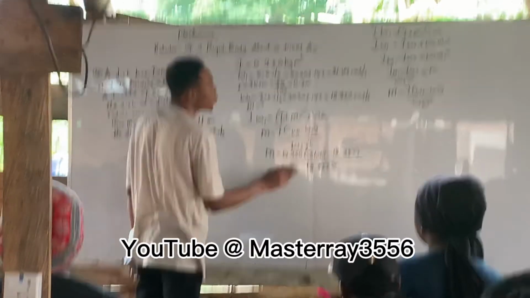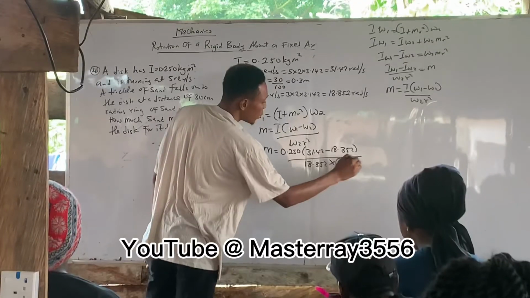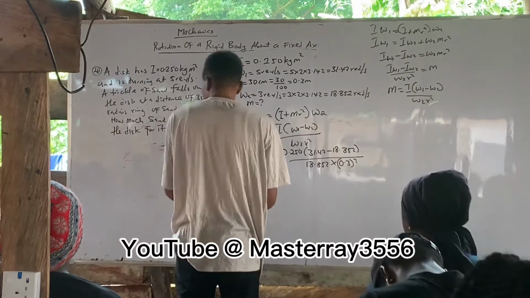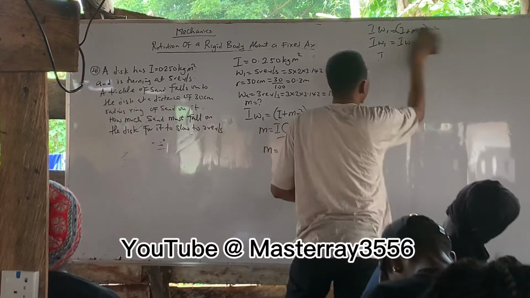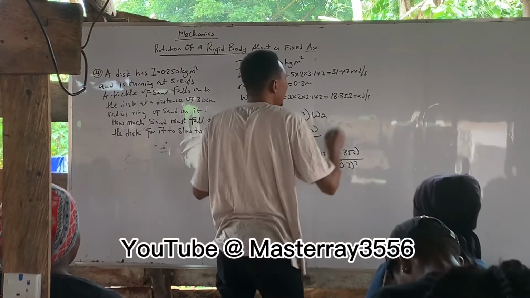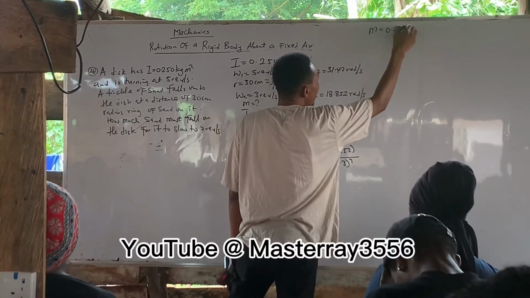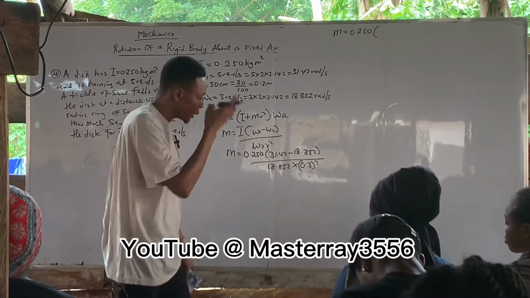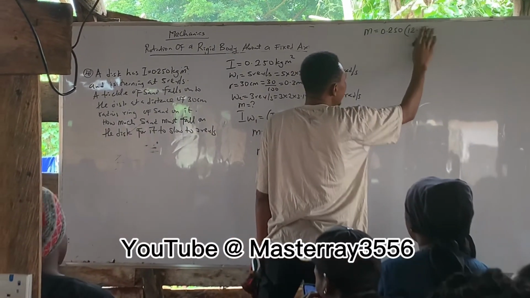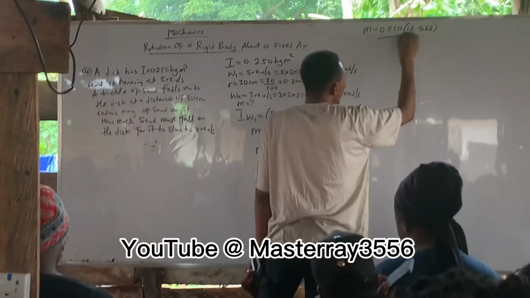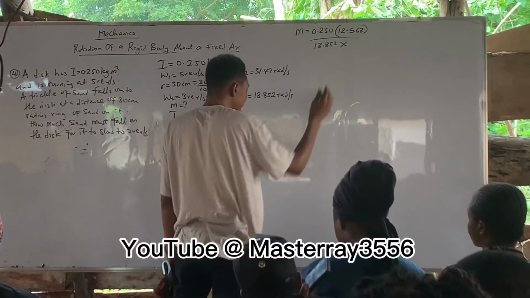Then times what's radius? 0.3 square. So mass is equal to 0.250 bracket, subtract the bracket, 12.568, all over 18.852 times 0.3 square.